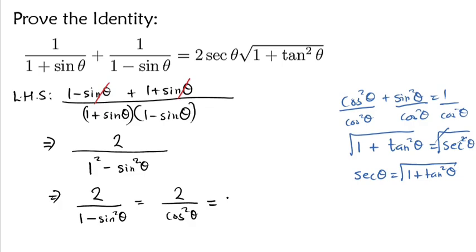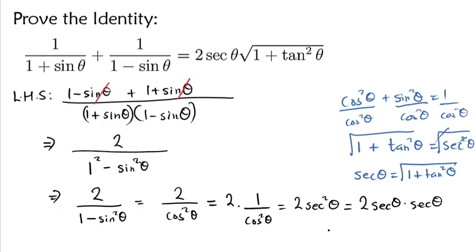First of all, this is as good as saying 2 divided by cos squared. And we know that 1 over cos is a sec. So it's 2 multiplied by a sec squared. So this now can be written as 2 times sec times sec, because it's a square.